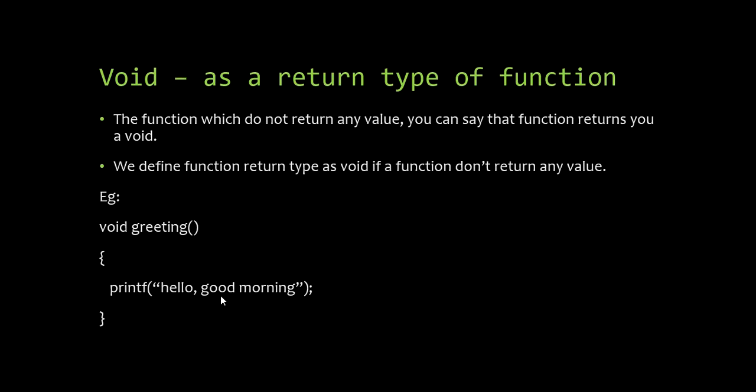It will simply print this value and has nothing to do with what we need to return. So its return type is defined as void, empty. It means the functionality of this function is simply calling and printing this particular string hello good morning, and it will not return any value that can proceed to further program execution.